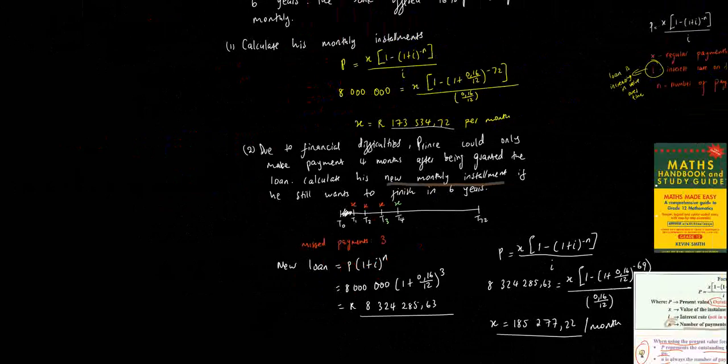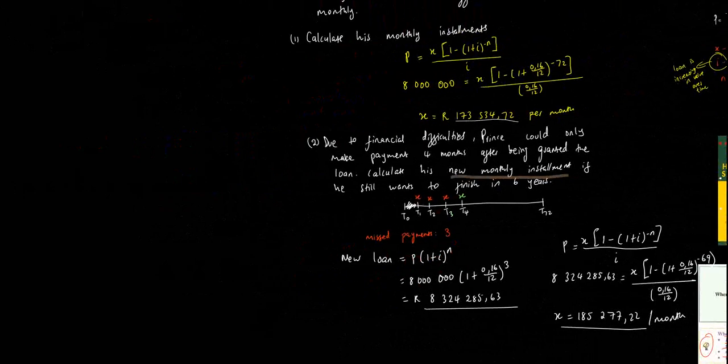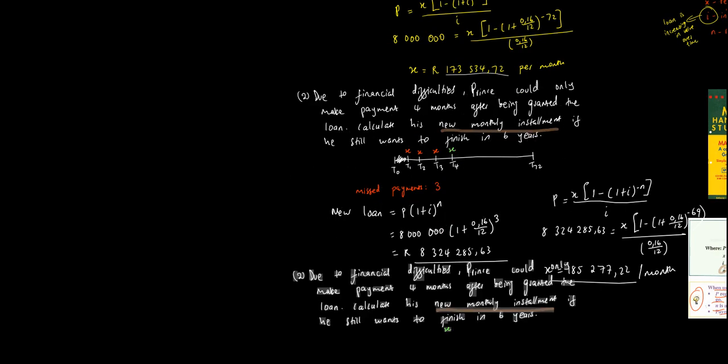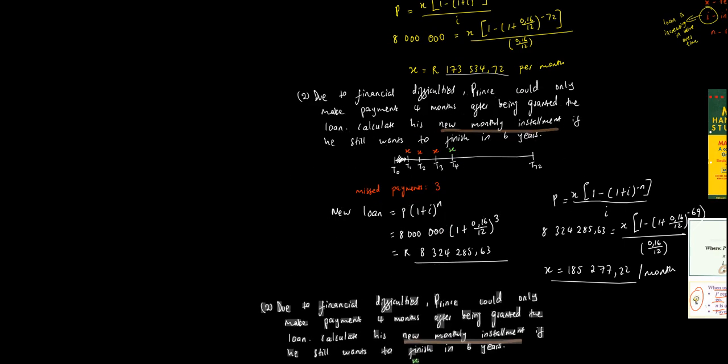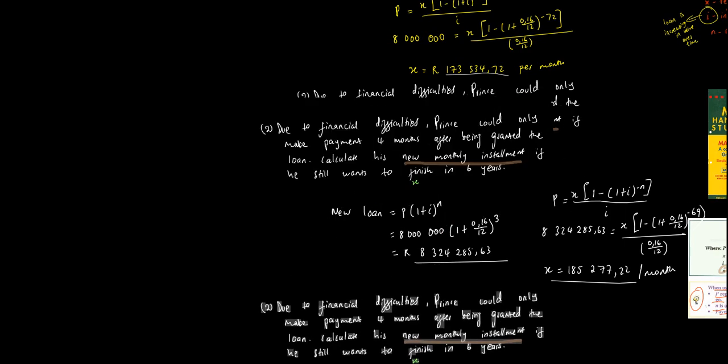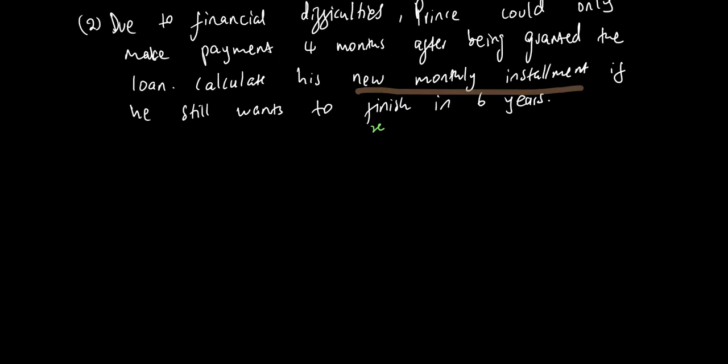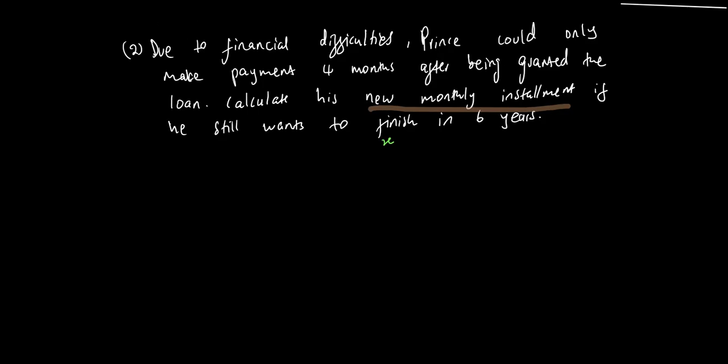Now, what if the same question is phrased in this way? Let me take the same question. What if they tell you that due to financial difficulties, Prince could only make payment 4 months after being granted the loan. Calculate how long.